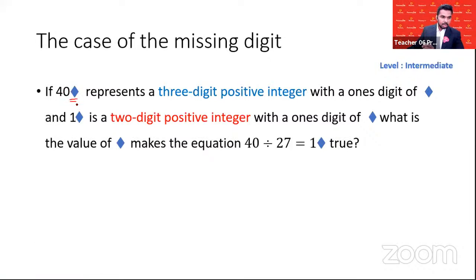So you can see the last digit is hidden. Now the whole idea is you have to find what is the hidden digit. Suppose the condition 40 divided by 27 is equal to 1 followed by the same hidden digit.